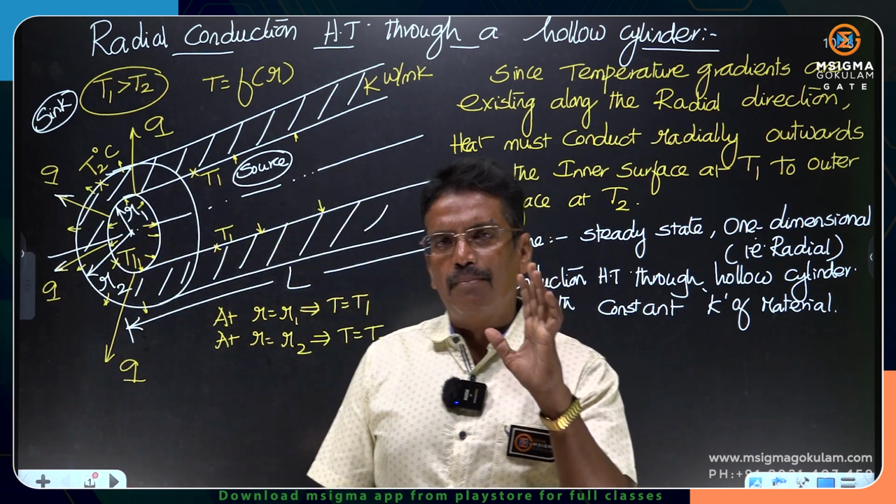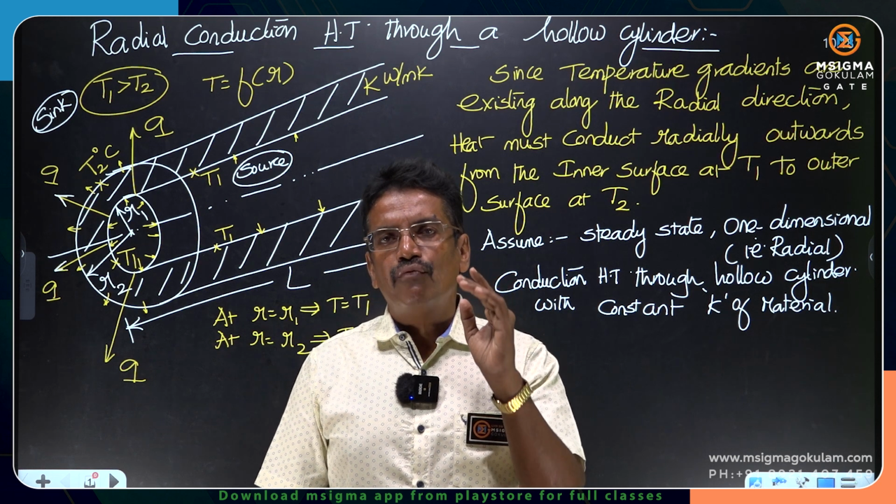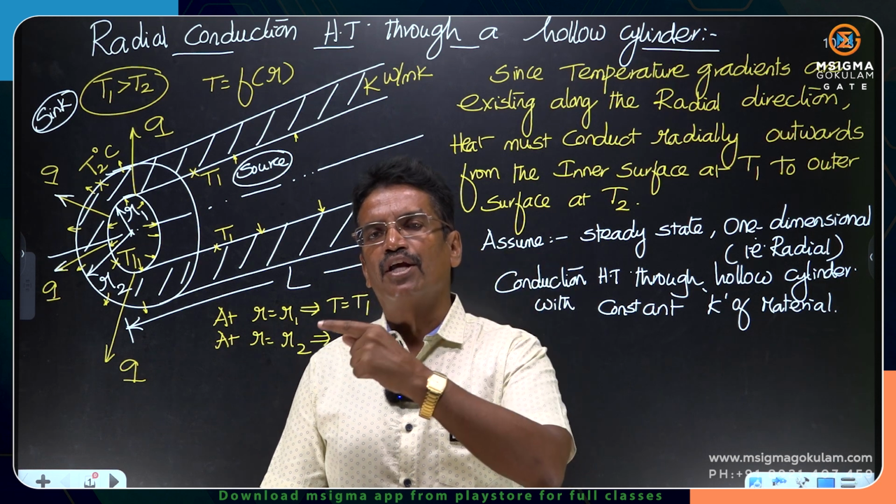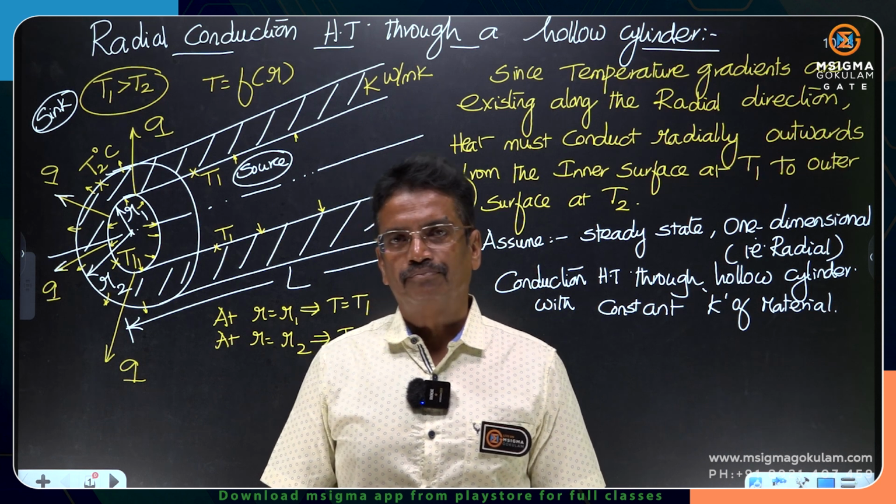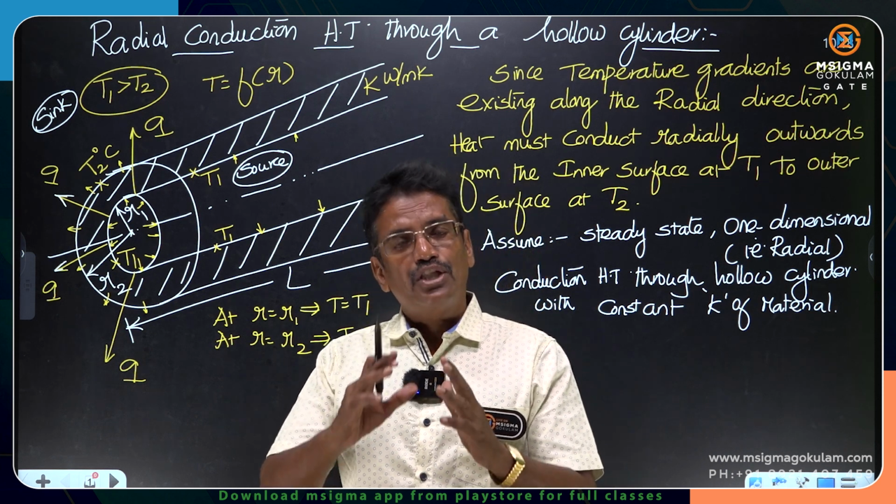That is the most important difference between the conduction through a slab and the radial conduction heat transfer through a hollow cylinder. The very striking difference.